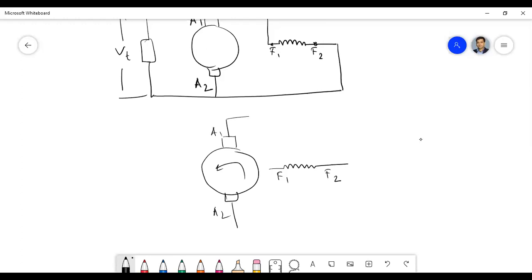Suppose you have a load. This is how they can be connected in series, and across the load you will have the terminal voltage Vt. Here you see the load, armature and field are all connected in series. So this type of excitation is called the series excitation.